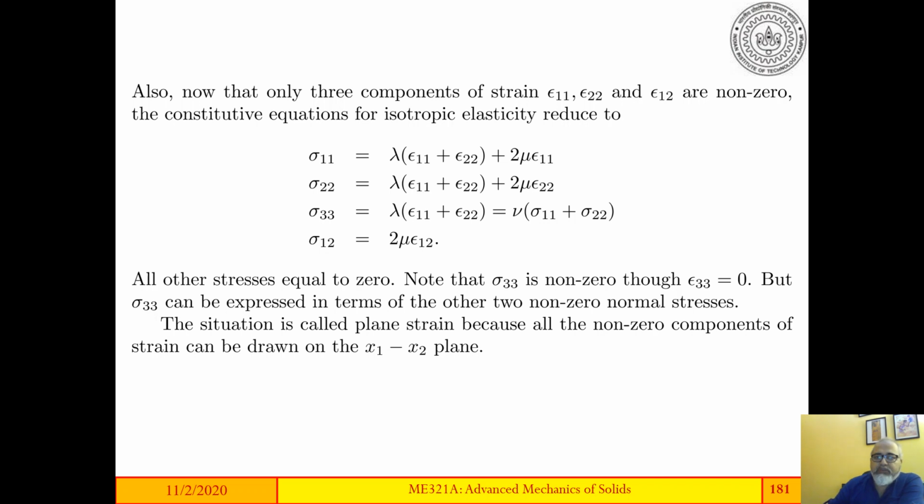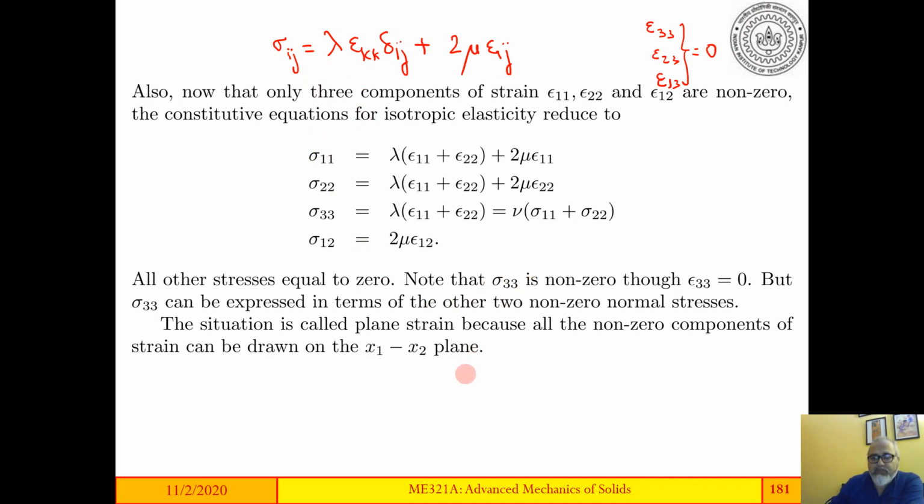So in the constitutive equations, remember the constitutive equations in general are sigma ij equal to lambda epsilon kk delta ij plus 2 mu epsilon ij. So this is your constitutive equation, out of which we know epsilon 33, epsilon 23, epsilon 13 are equal to 0.